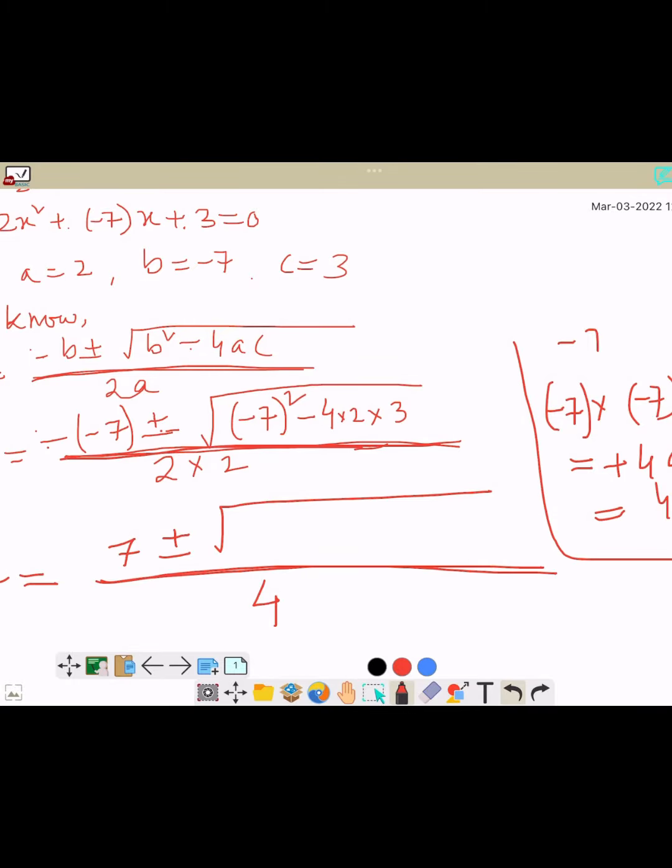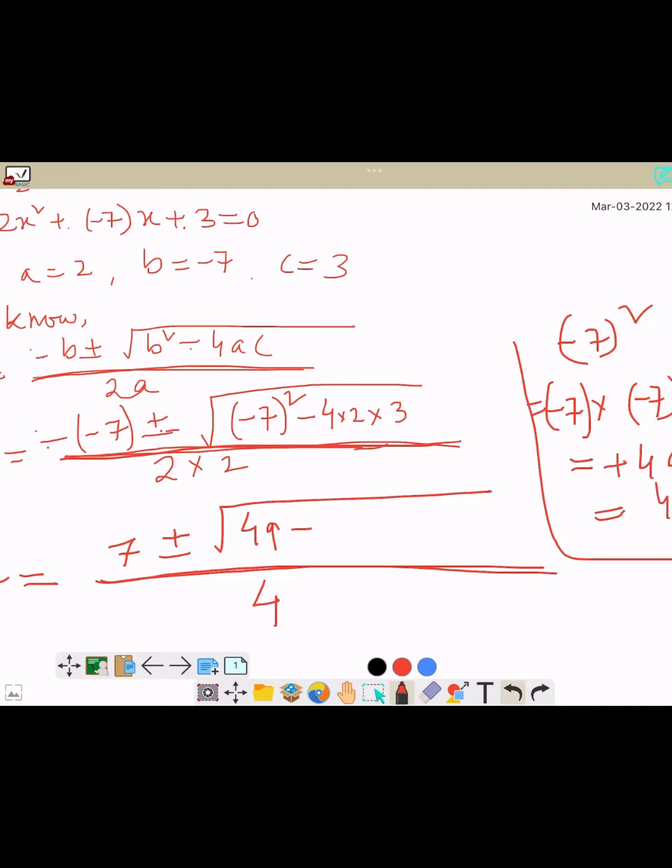(-7) whole square means two minus multiplication, so we can write 49. Instead of this, we can write 49.